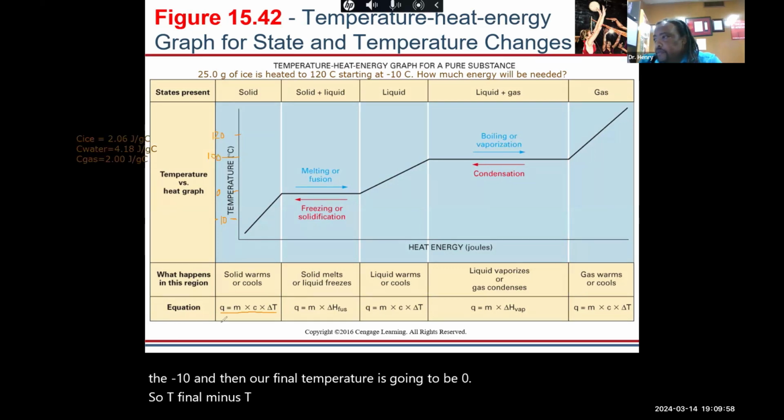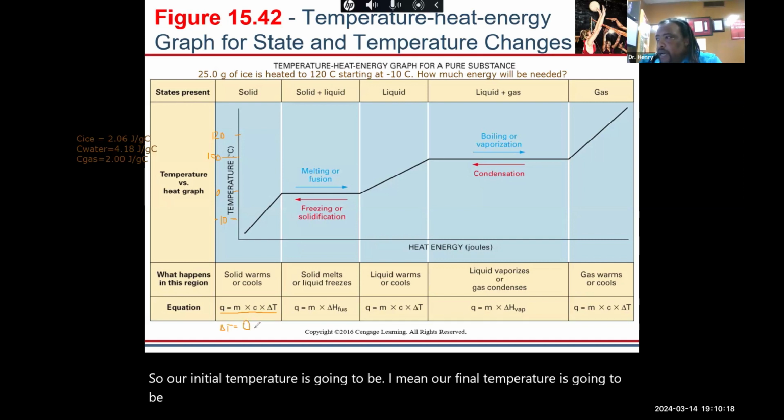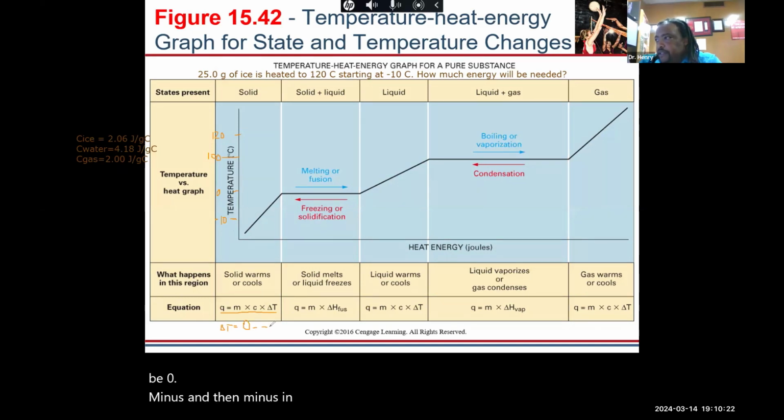So for this first one, for our delta T, our final temperature is 0 minus, in this case, minus 10, right? So then that's going to be 10 degrees.